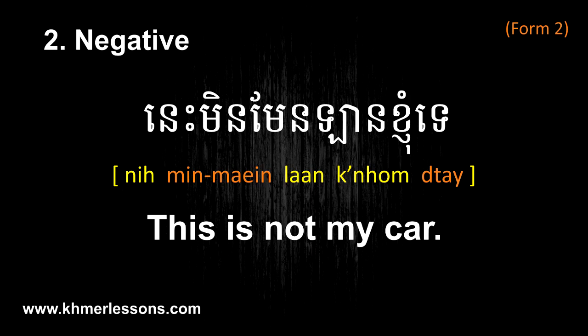You see, នេះ is this, and lan is car, and my car we say lan ខ្ញុំ, not ខ្ញុំឡាន. Again, នេះមិនមែនឡានខ្ញុំទេ. So this is how to use to be plus not plus noun or pronoun.